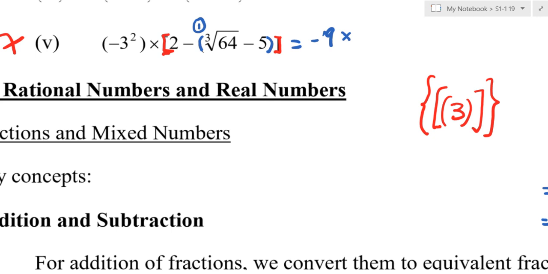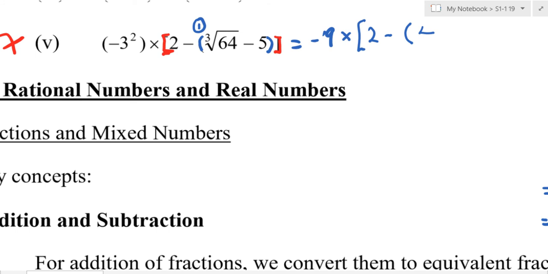Do you copy the 2 minus? Which one do you solve first? Do you solve the red bracket or the blue bracket? Blue. So you solve the blue bracket. So what do you get? 2 minus bracket. What is the cube root of 64? Chandel, what is the cube root of 64? 4.